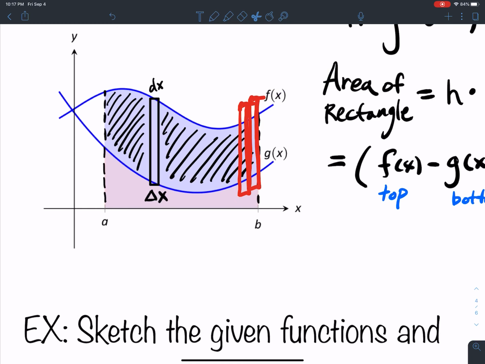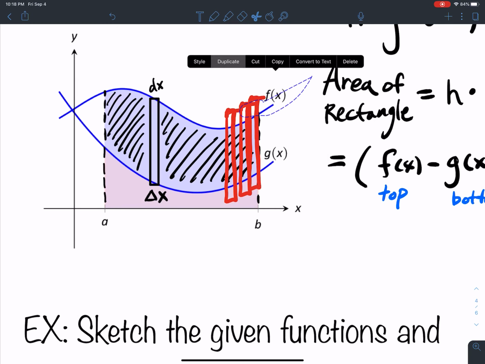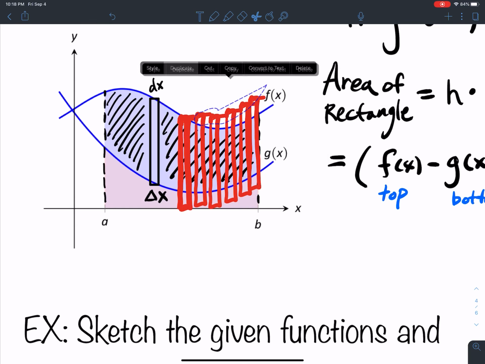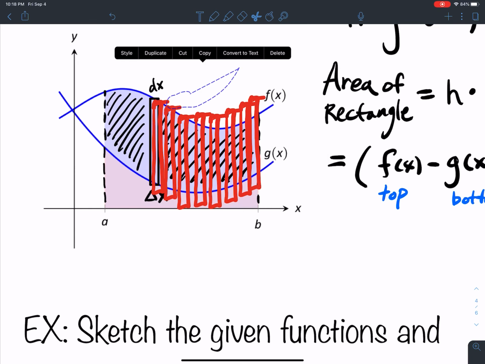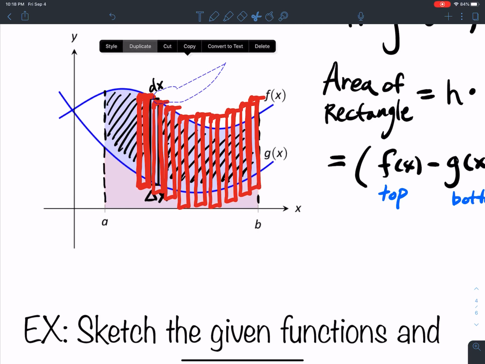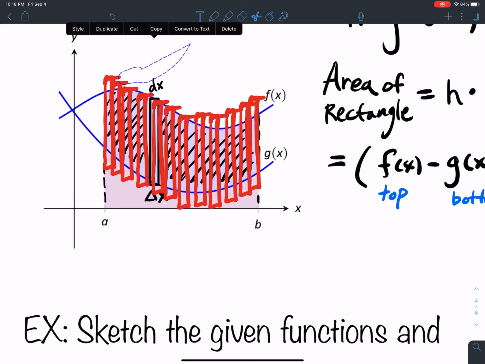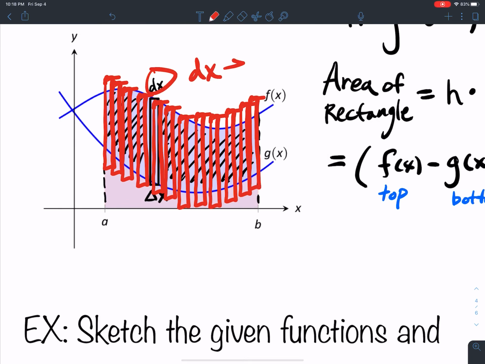And if we push that number of rectangles to an infinite amount, what's happening to that delta x width? That delta x width is limiting to 0, right? The more rectangles you put in there, the smaller those rectangle widths have to be.